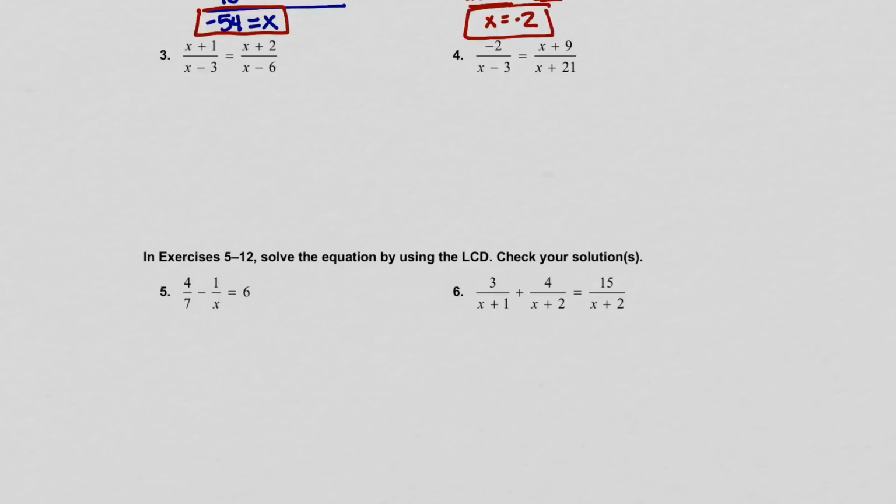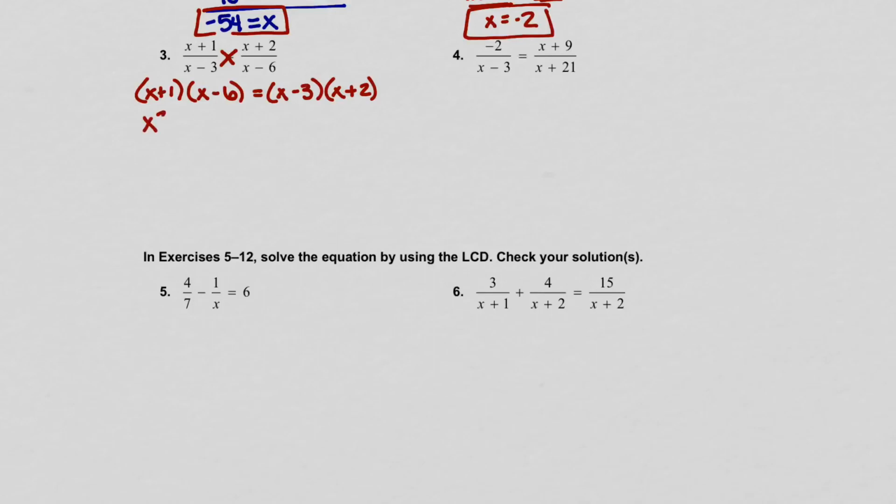Okay, for number 3, we're going to cross multiply again. So I have x plus 1 times x minus 6 equals x minus 3 times x plus 2. We need to distribute.